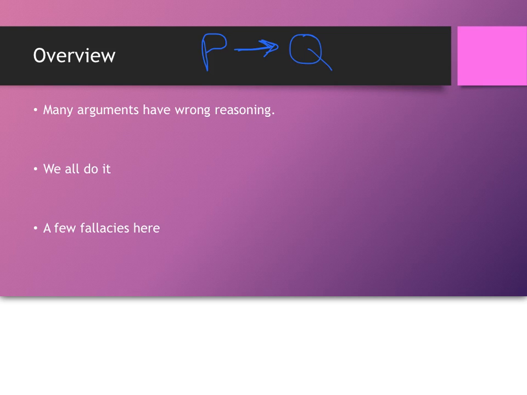All right, and I'm trying to get some of the very, very common logical argumentative fallacies that people commit. And by the way, it's not a new thing. It's a very old type of thing. People have all kinds of wrong reasoning, and probably each one of us does it on some occasion.